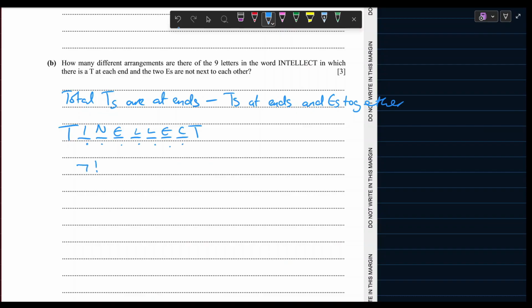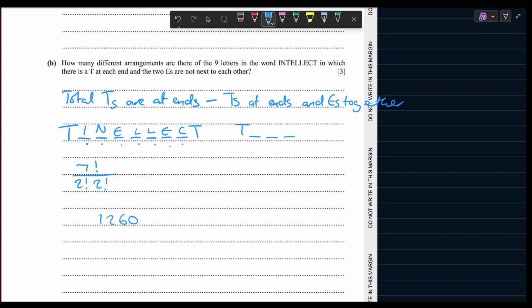That's 7 factorial, and this is over 2 factorial for the E's, which appear twice, and again 2 factorial for the L's, which also appear twice. So this is 7 factorial over 2 factorial times 2 factorial. That's 1260.